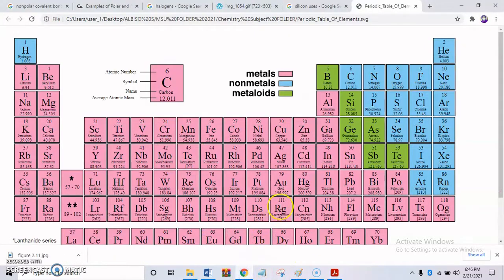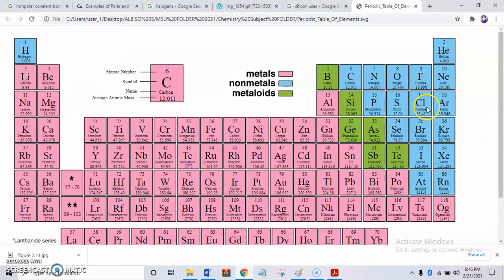In our periodic table, nonpolar molecules usually have elements such as hydrogen, carbon, and fluorine, F2, which is a compound.